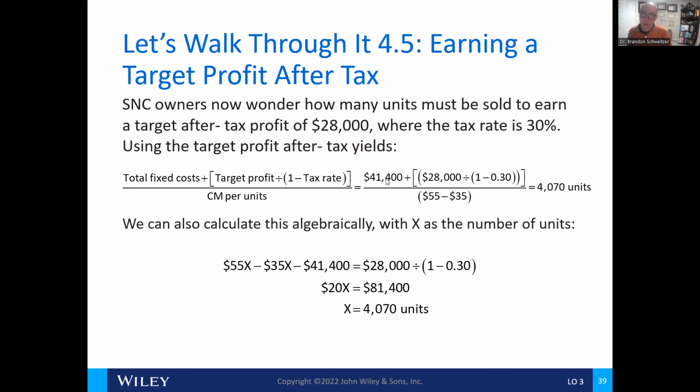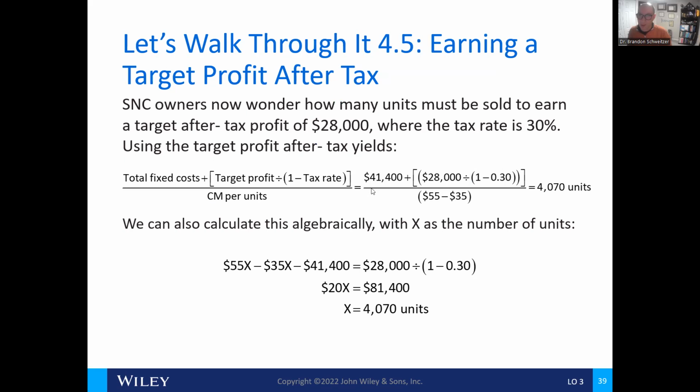So again, we take the fixed cost plus, and first we calculate it this way, the target profit, $28,000, divided by 1 minus 0.30, which is 0.7.